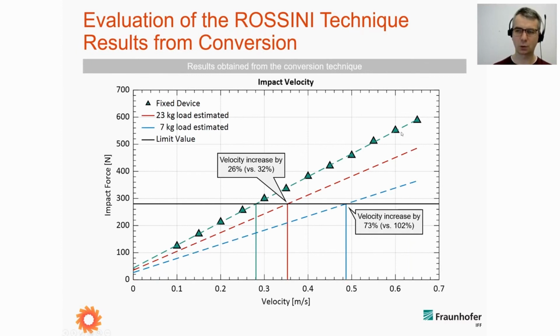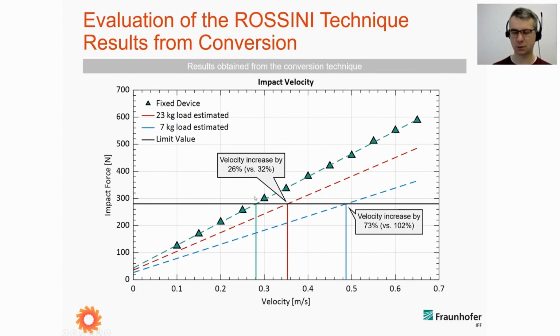Again, we have the green curve taken with the fixed measurement device, and with our conversion technique we will receive the red curve, which gives us, at least for this condition, an increase of 26% in velocity compared to the 32% we receive with the movable device. So we are a little below what is actually achievable with a movable device.